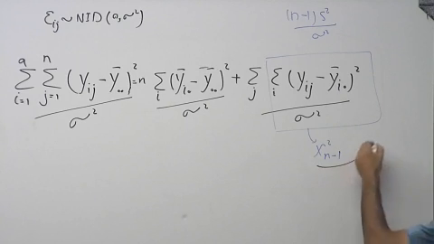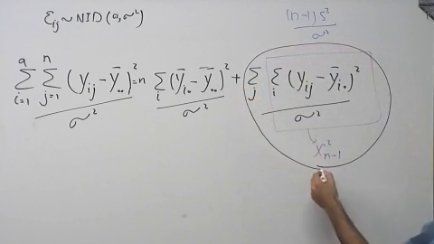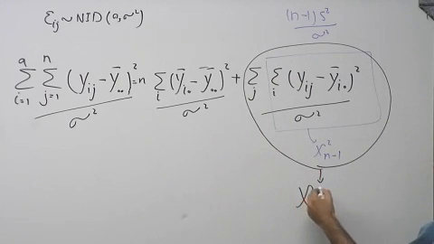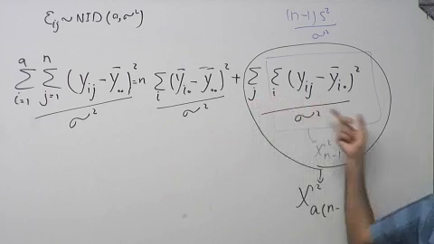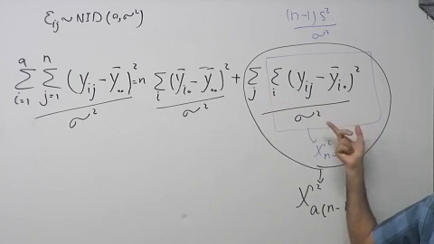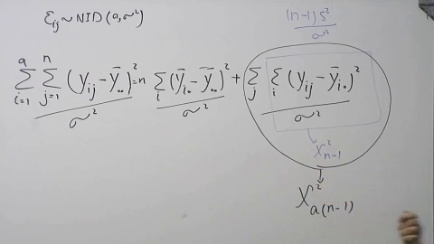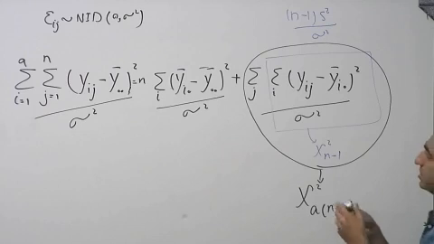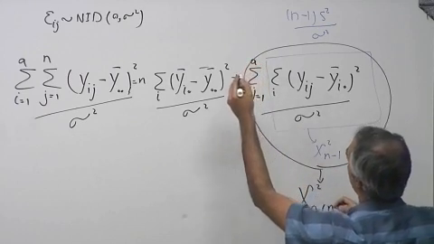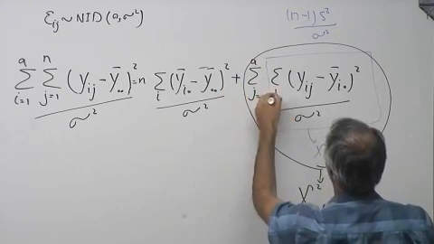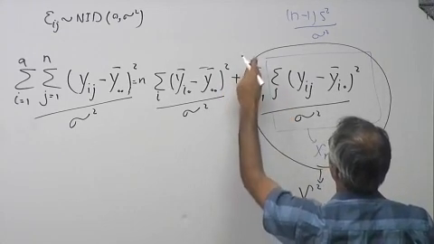How about this guy? This is chi-square with a times n minus 1 degrees of freedom. Why? Because we know that if we have independent chi-squares and we add them up, the result is chi-squared with the summation of degrees of freedom. So n minus 1 degrees of freedom, how many of them do we have? I'm sorry, let's call this one j and this one i.